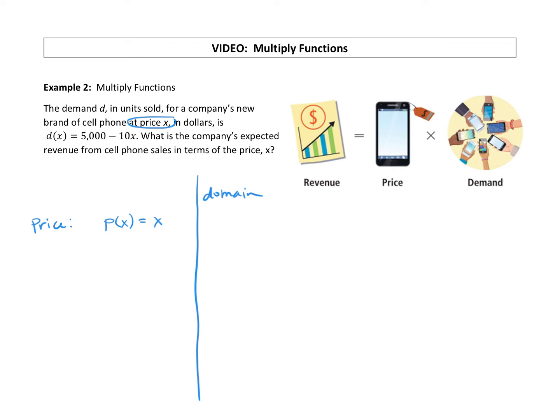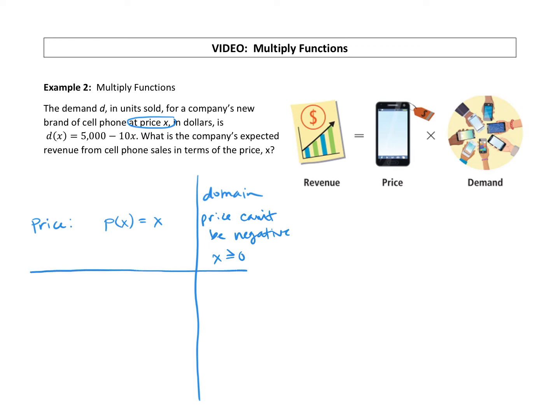Can they have positive prices, zero prices, negative prices? In this case, the price can't be negative. So that means that our x's all have to be greater than or equal to 0. So there's our domain for our price function.